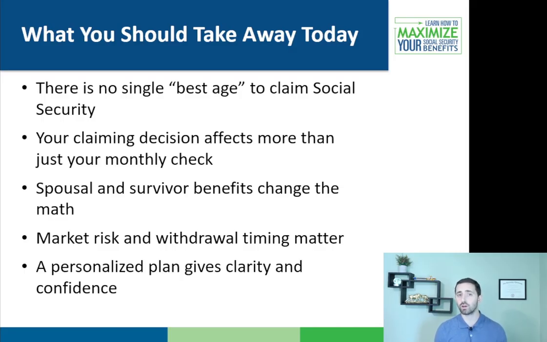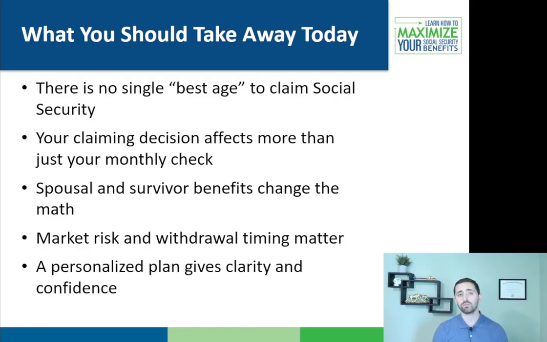We talked about the modified adjusted gross income. How much earned income in the work that you're doing is going to impact Social Security, your taxes, RMDs, Medicare premiums, survivor benefit needs. All these different things are going to interact with that Social Security decision, and you need a coordinated plan to make sure that you're maximizing what you have.